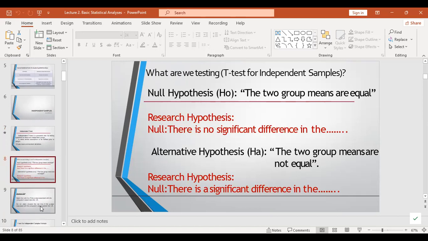So for the null hypothesis, for example, the two group means are equal. So anong example nito sa null? There is no significant difference in the blah blah blah. Pag alternative naman, the two group means are not equal. So again, I think I already told you what null and alternative hypotheses are.